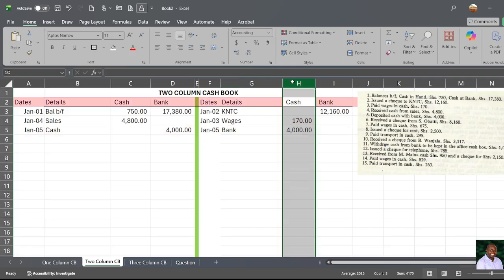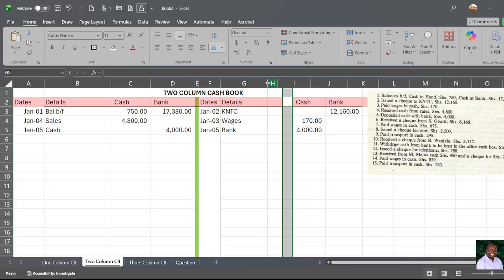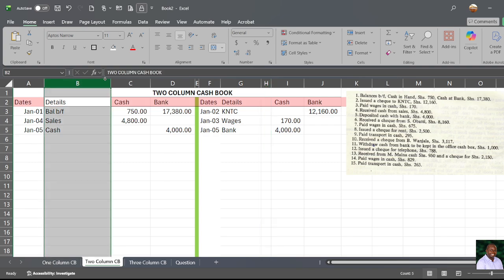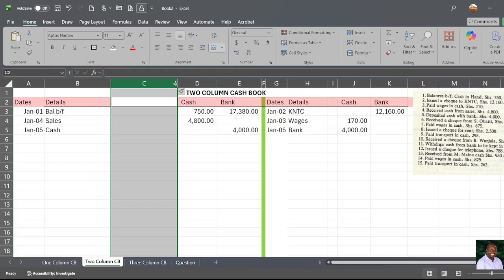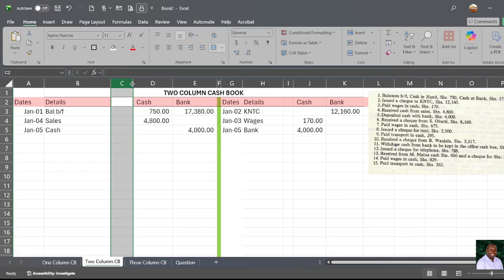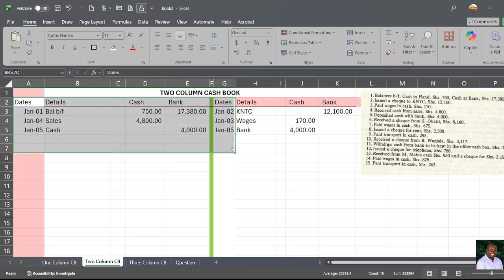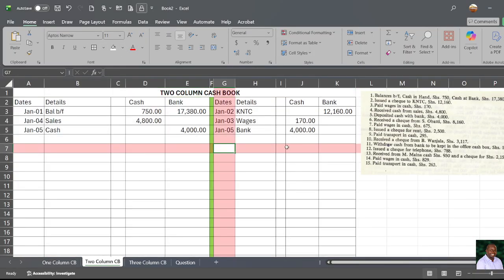In fact, because of that, let me insert another column here so that it becomes quite interesting. We have that column there. Let me put borders.